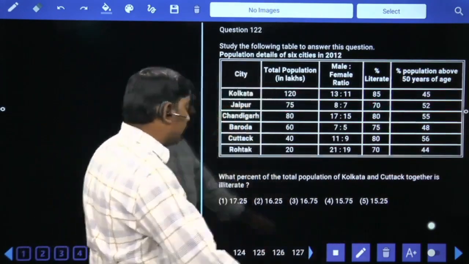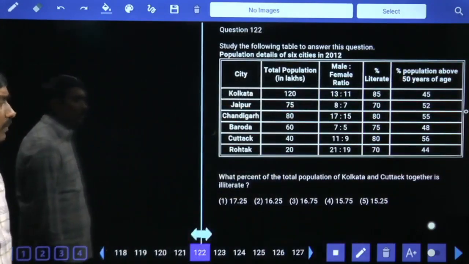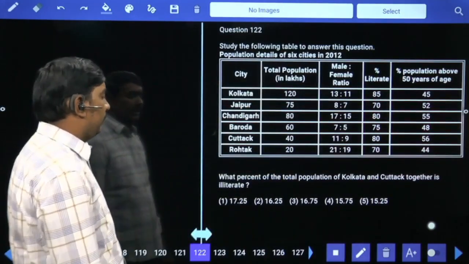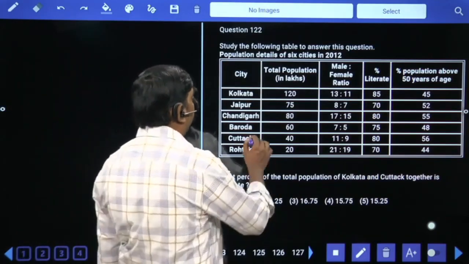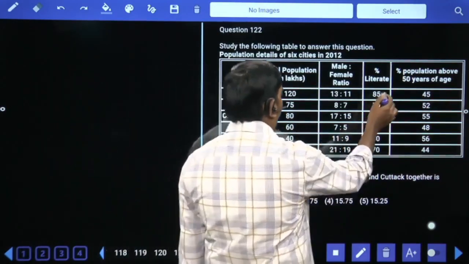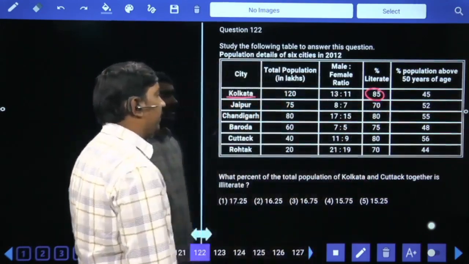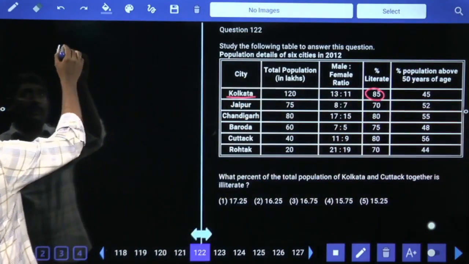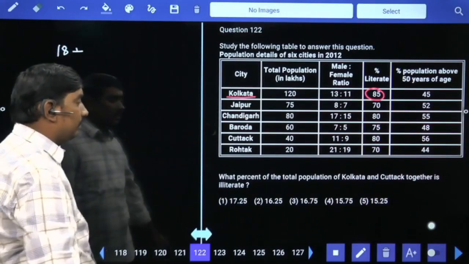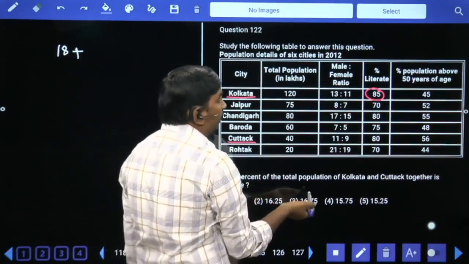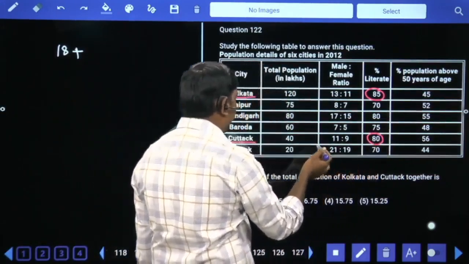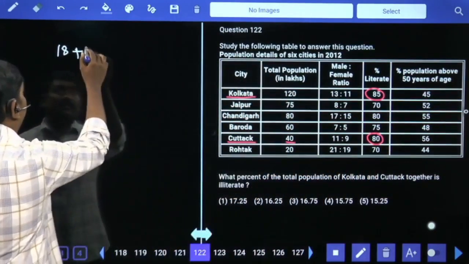Next. What percentage of the total population of Kolkata and Cuttack together is illiterate? Kolkata 85% literate, illiterate 15%. 15% of 120 means 18. Next one is Cuttack. 80% literate, illiterate 20% of 40 means 8.